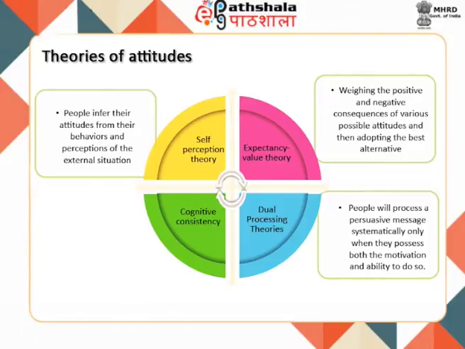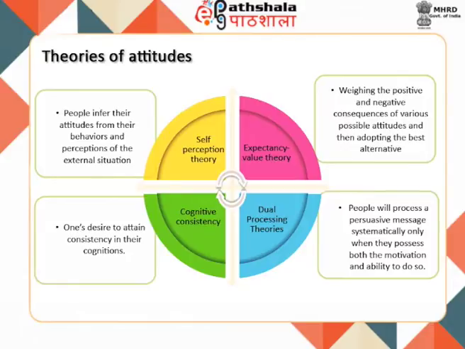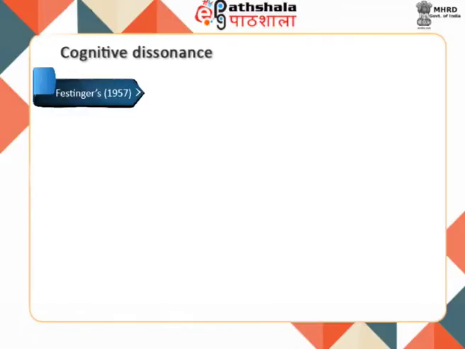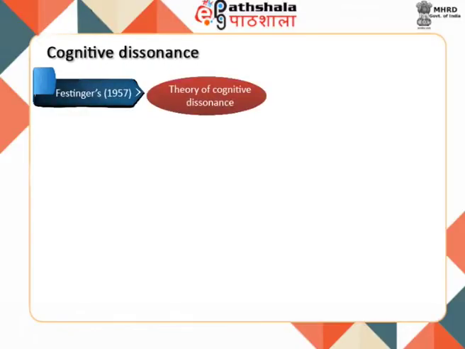The cognitive consistency is associated with one's desire to attain consistency in their cognitions. An example of cognitive consistency theory is the balance theory, which is concerned with the balance among the affects and beliefs held by a person. The most influential of the cognitive consistency theories is Festinger's theory of cognitive dissonance.